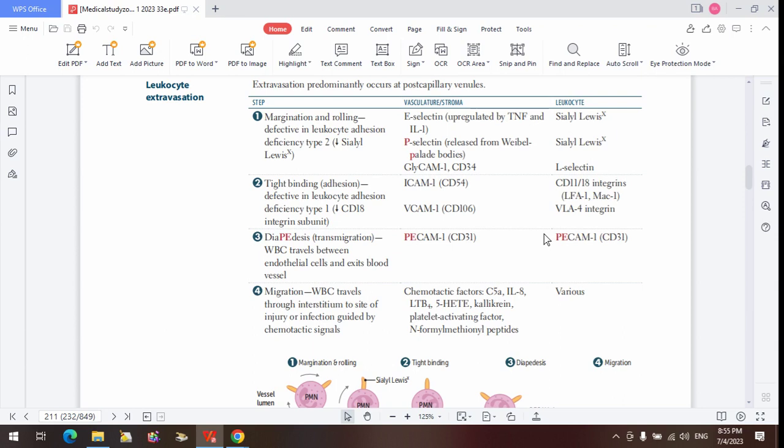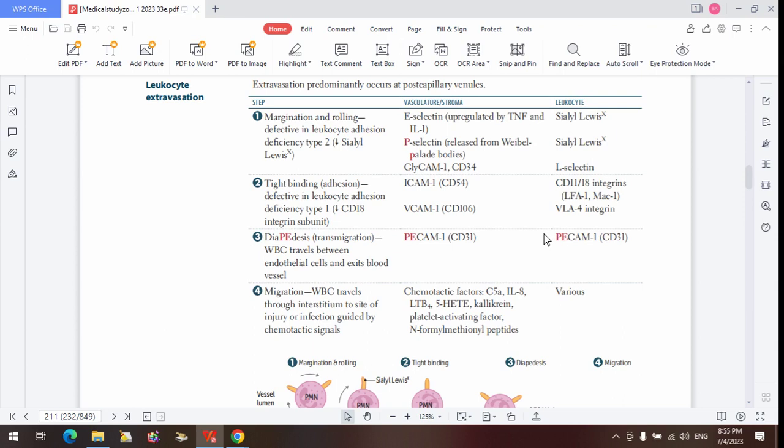Then the next one is transmigration. After it has adhered, it transmigrates across the endothelium, which is mediated by PECAM. That's also known as diapedesis. Then lastly, when it has passed across the endothelium into the tissue, it wants to migrate through the tissue to get to the offending agent.